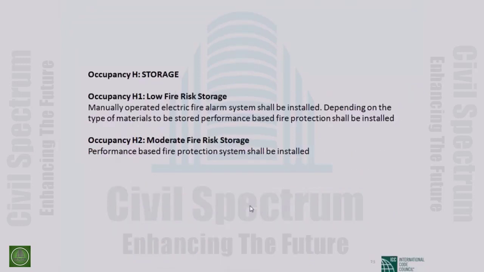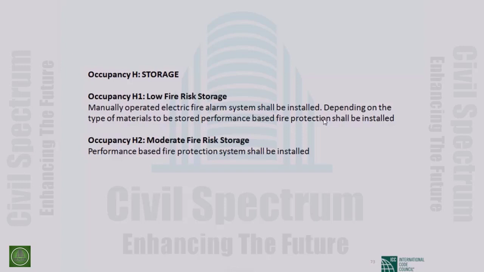Storage is a different area. It totally depends on the type of storage. Manually operated electric fire alarm system shall be installed depending on the type of material to be stored. Performance-based fire detection shall be maintained because storage has different types of material, and you cannot ensure what the type is, what the class of fire is.